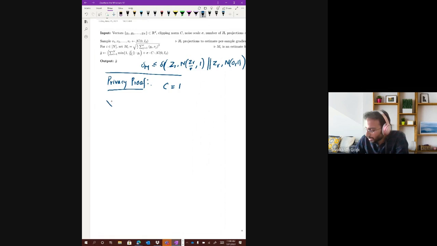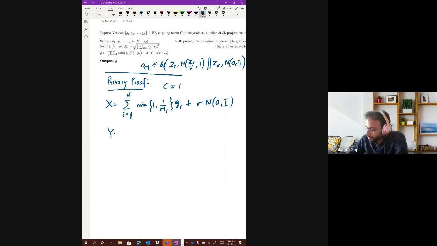Okay, so let's call X to be, so what are the two random variables that we are interested in here? Let's say X is the summation i equal to 1 to N of min of 1 by Mi times Gi plus sigma N0i.